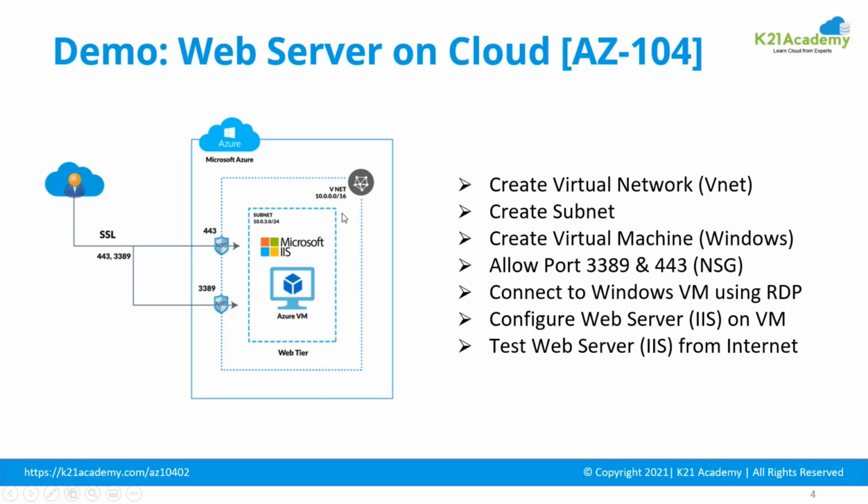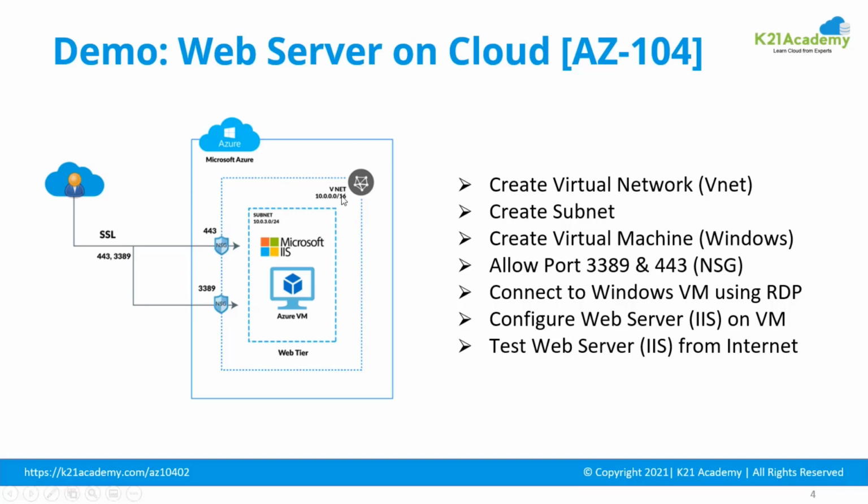Out of these 256 IPs, 3 or 4 IPs are always reserved by Microsoft for subnet routing and other purposes. So I can create that many IP addresses within this subnet, and these IPs will be used by my virtual machines or load balancers, anything that I do.